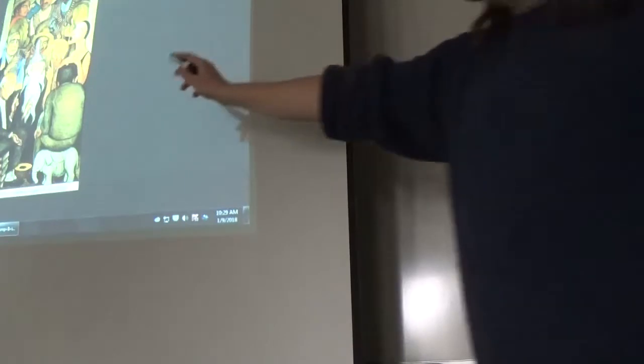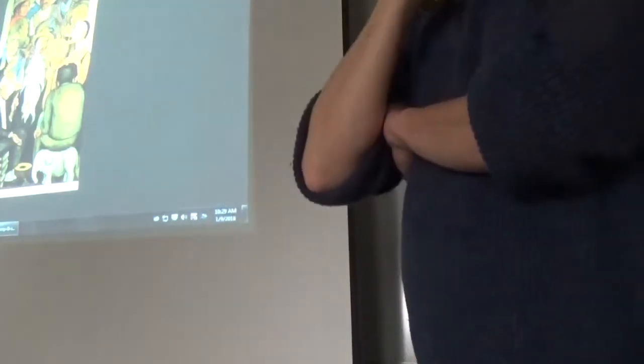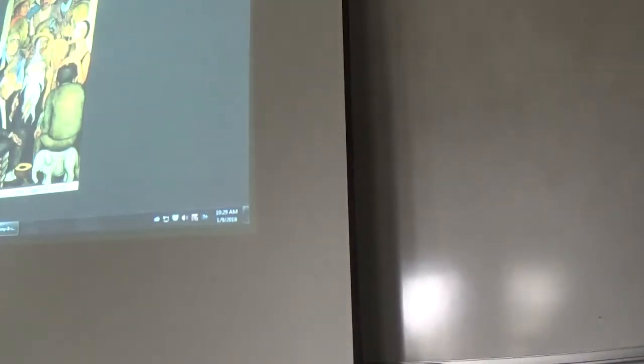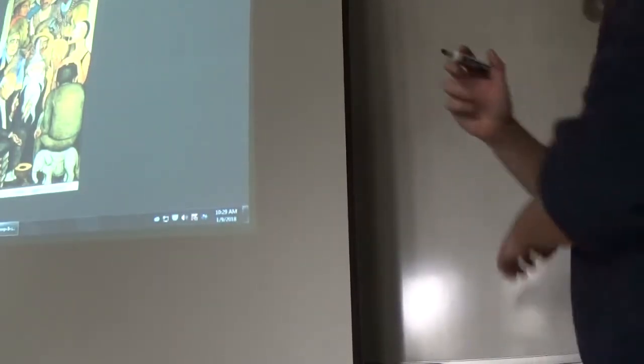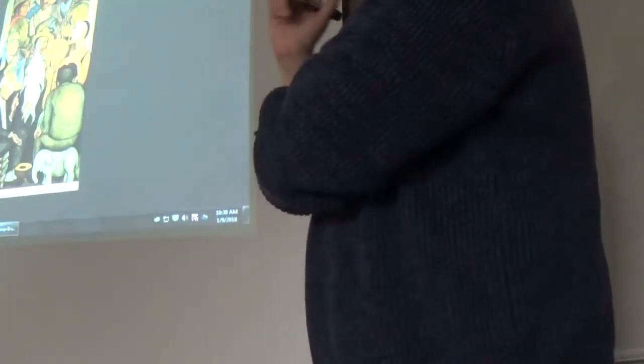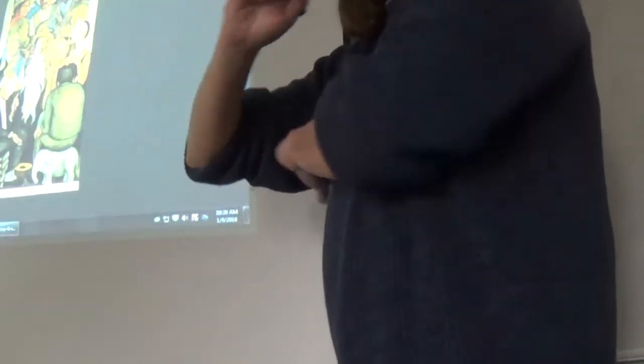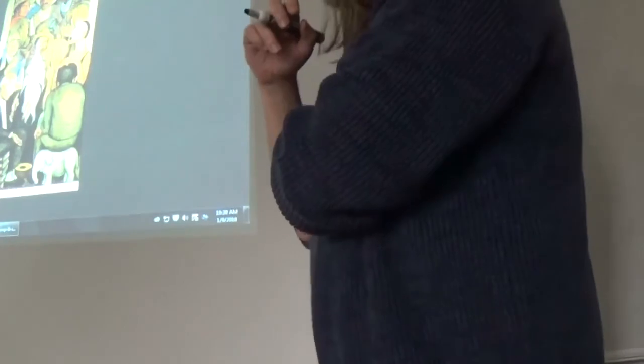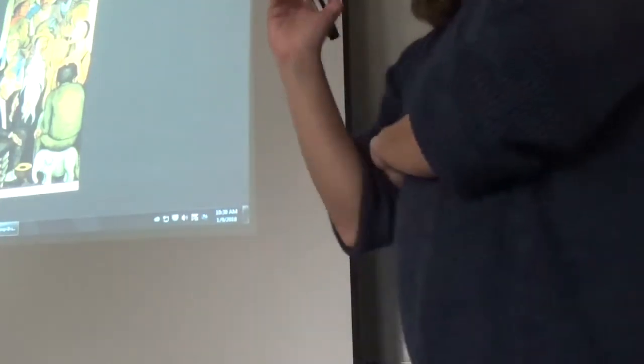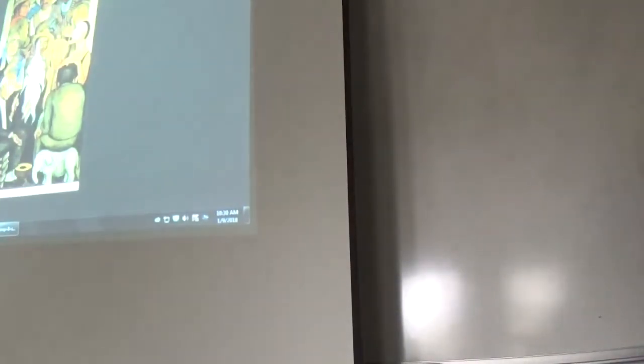How is that figure different from all the others? You can't see his face. Yeah, this guy has his back to us. What else is weird about the figure she's leaning on? He's sitting on some type of elephant statue. Yeah, he's sitting on an elephant statue.